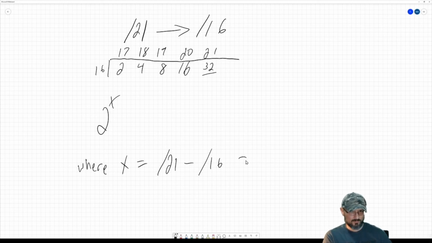So 21 minus 16 equals 5. So this is going to be 2 to the 5th. 2 to the 5th, again, you could do it on a calculator, or you could do it in your head. 2, 4, 8, 16, 32.